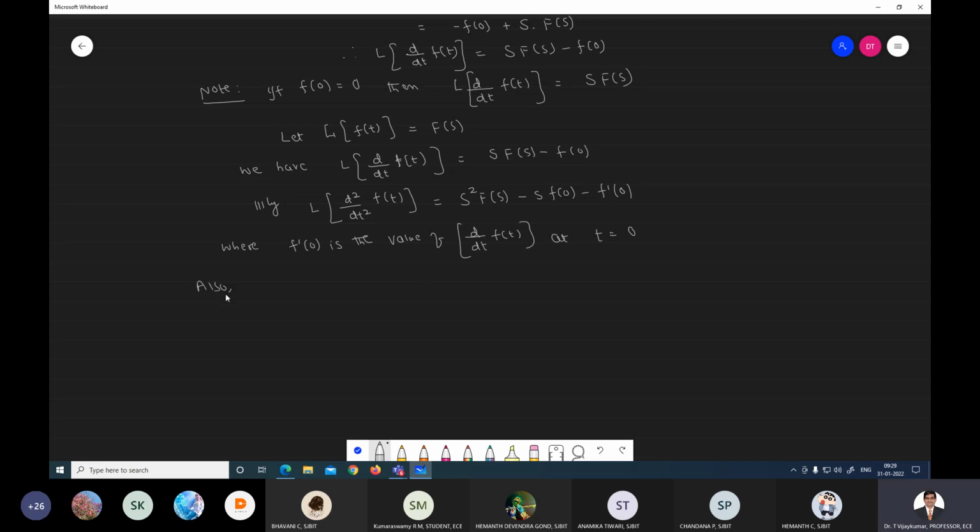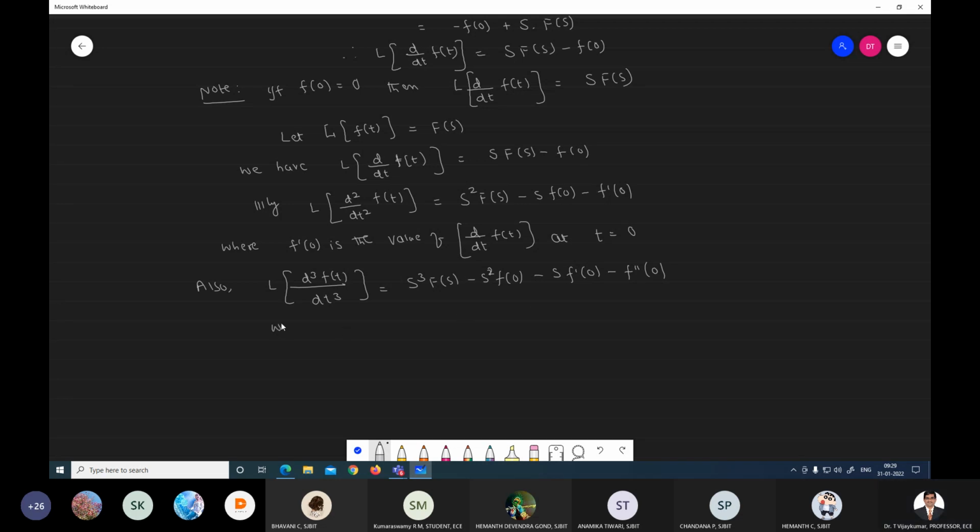Also for the third derivative, Laplace of d cube f of t by dt cube is equal to s cube F of s minus s square f of 0 minus s f dash 0 minus f double dash 0.